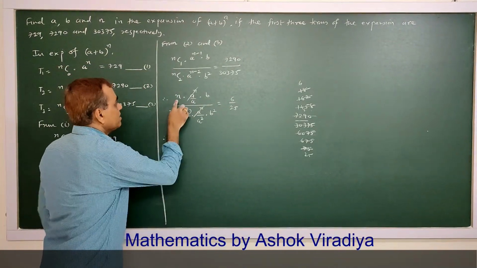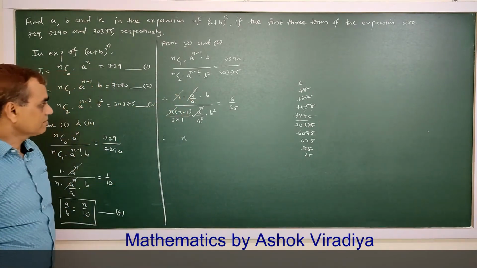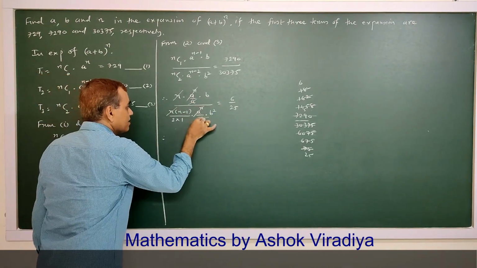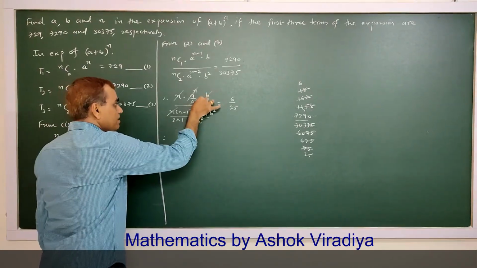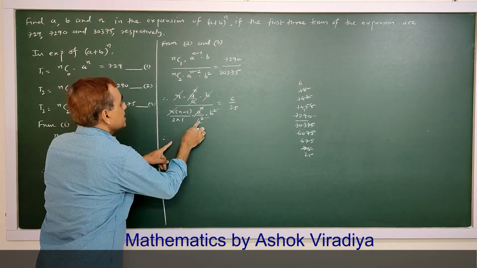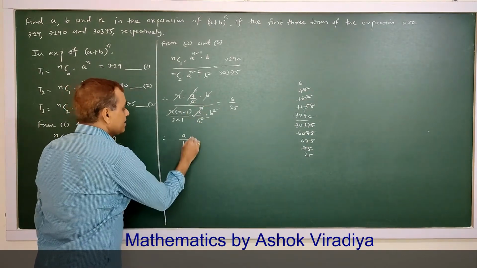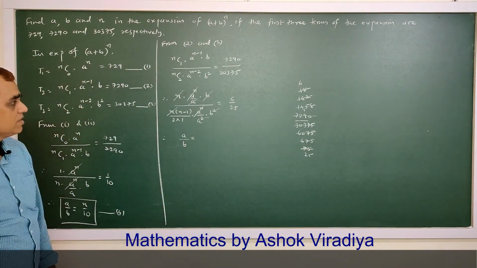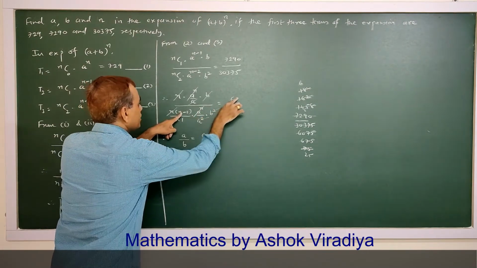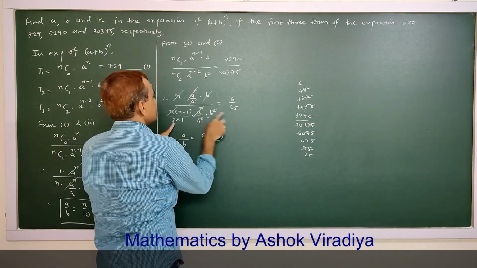So therefore, this n will also be cancelled. See what is left here. Here a will be cancelled, here 1b will be cancelled. So what is left here, this a comes in the numerator, a upon b is equal to, now see this will be multiplied on this side, so 6 into n minus 1 upon 2 into 25.